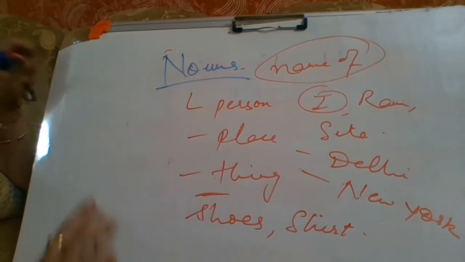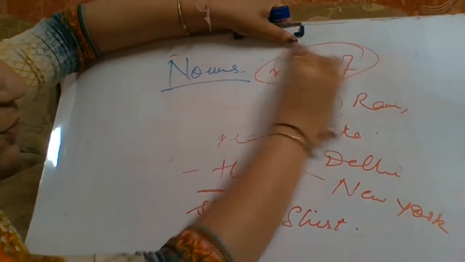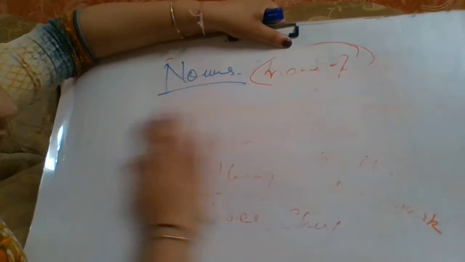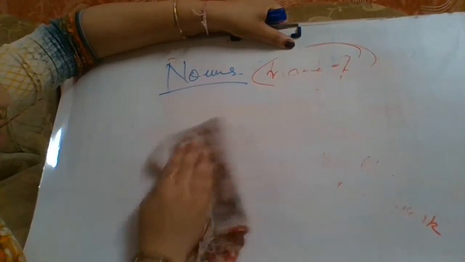So noun is further divided into two parts, that is proper noun and common noun.